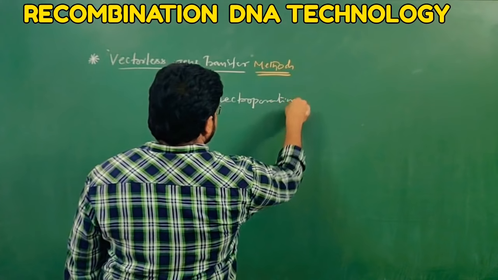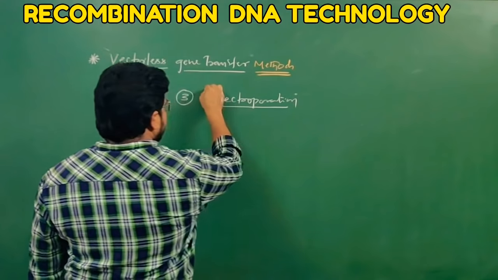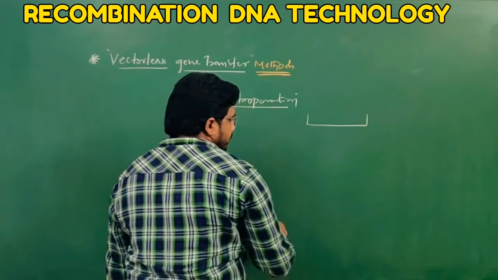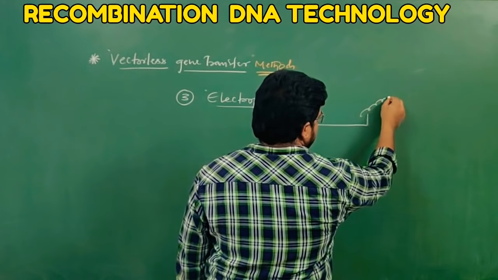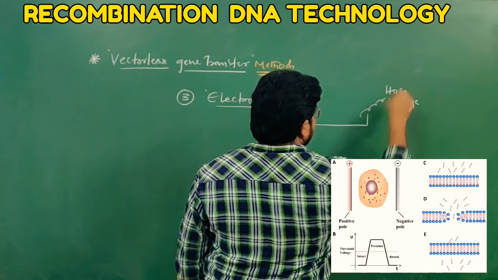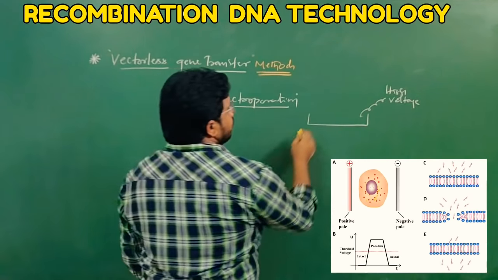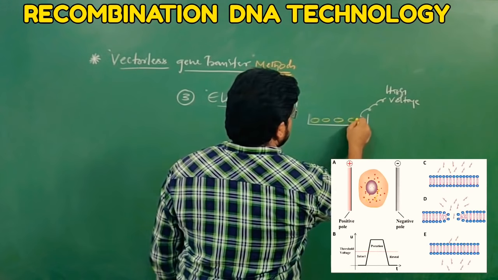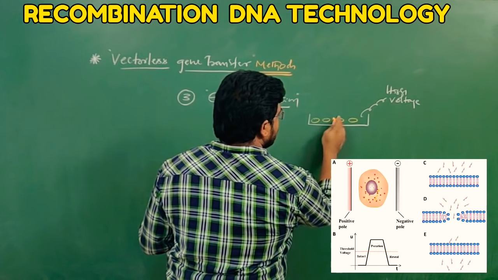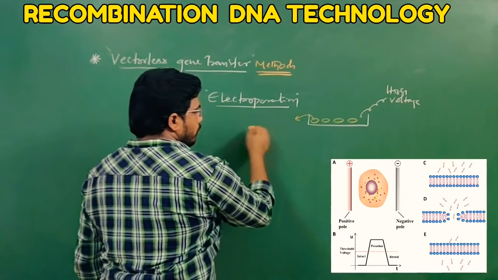electroporation. In electroporation, a voltage is applied to the medium, and it should be very high. Under the high voltage, the protoplasts generally have a tendency to show some perforations.